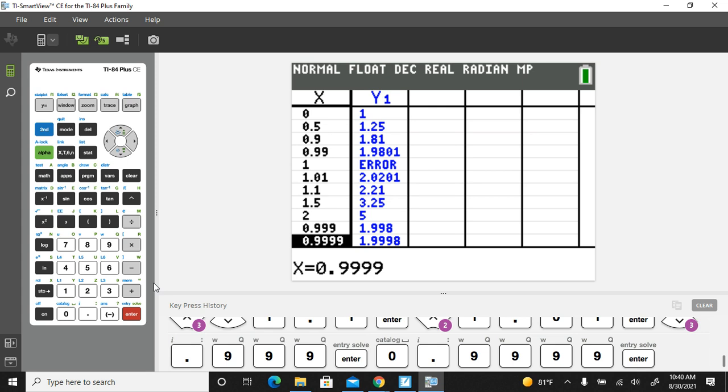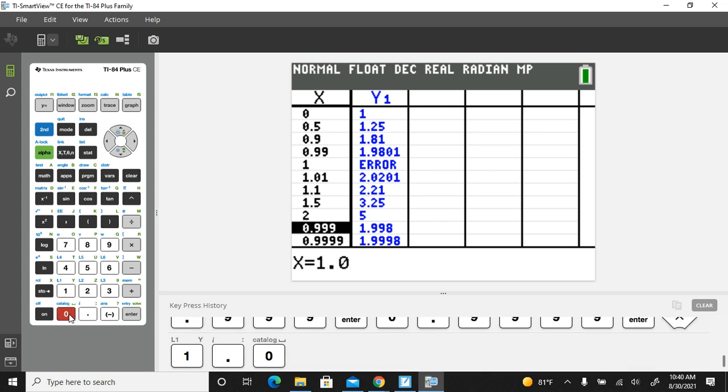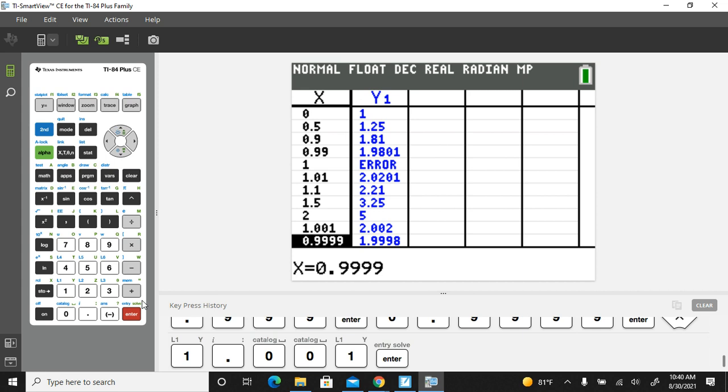When you go to 0.999, why does it go past 2? It's under 2. Remember, as we are approaching from 0, it's always under 2. It's just getting closer and closer to 2. But if I were coming from the other side, see how we started here at 5 and then 3.2, 2.21, so if I went closer from this way, so if I did 1.001, I would be getting closer to 2, but from the higher side.